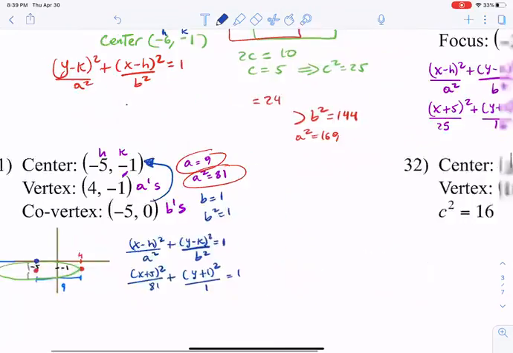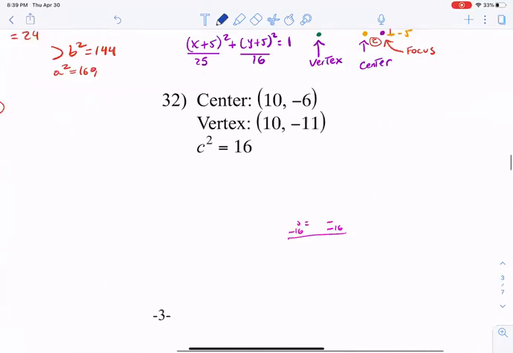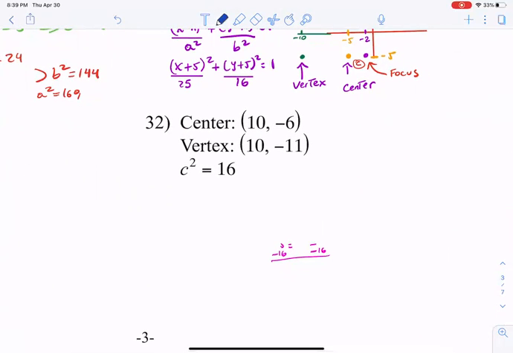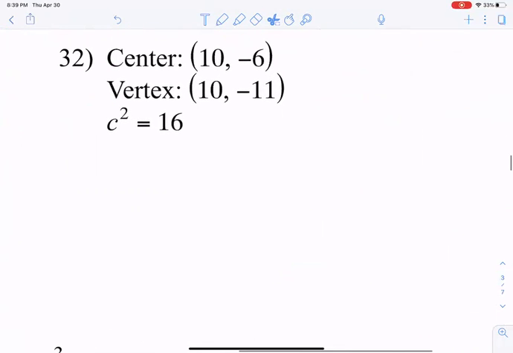I'm going to do 2 more. Actually, I'm going to do the last one here, and then I will maybe record another time or another day. Here, the center is (h, k). The vertex is the A value, right? And I'm going to put the A values, and then my c squared.